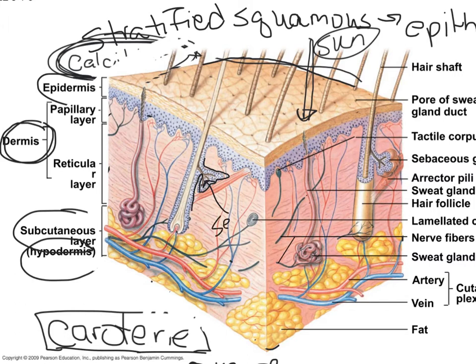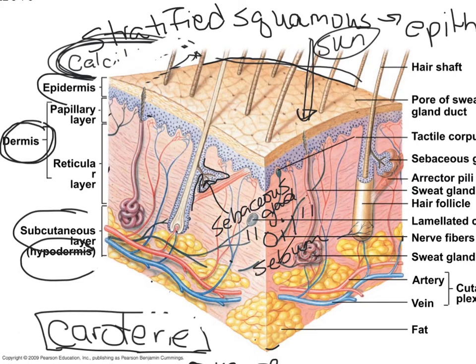That gland is called a sebaceous gland. And the sebaceous gland releases an oil, and the oil we call sebum. So you shampoo your hair and you get rid of all of that sebum. And then you wait a while and the sebaceous gland starts producing this oil. And if you don't wash your hair in a few days, then you start to feel like your scalp is oily. That's coming from those sebaceous glands.